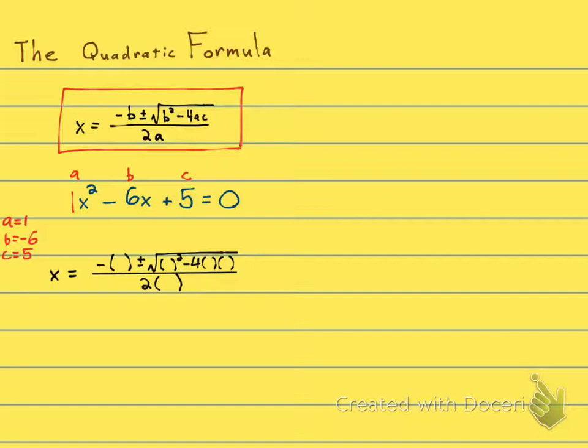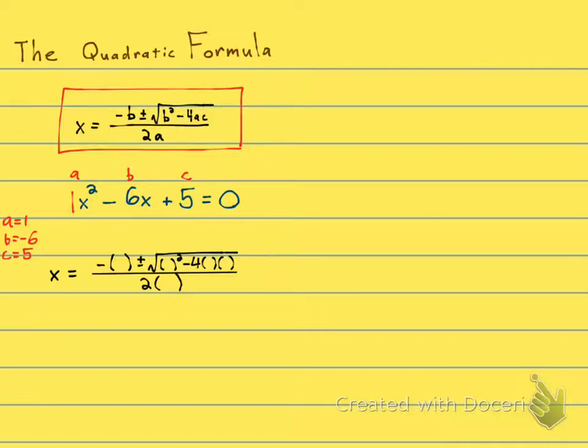Okay, so what I did here was I rewrote the quadratic formula, and I left a bunch of blanks where I'm going to fill in my A's, my B's, and my C's. And then I listed over here what A, B, and C were. So let's go ahead and plug them in.